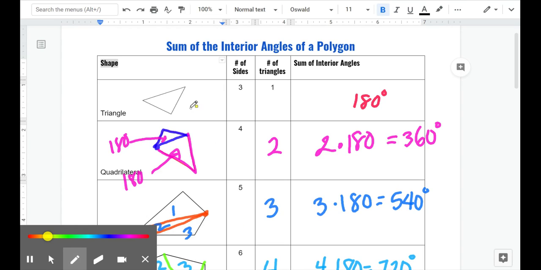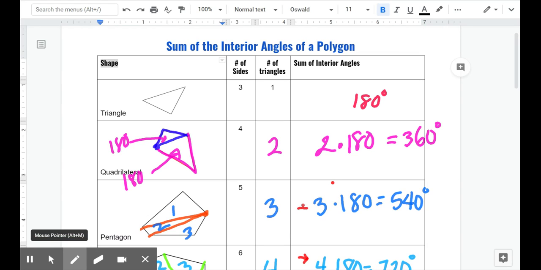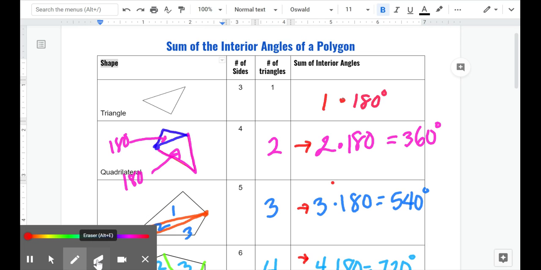So let's take a look at a triangle. Now I want to actually fill in the number here. So notice how here we have 4, then 3, then 2. So if I'm to follow that pattern, I'm just going to put a 1 times 180 there, just so we can have a pattern.